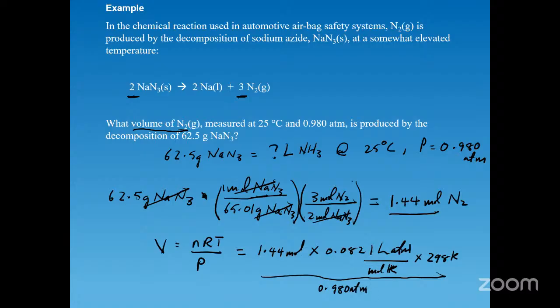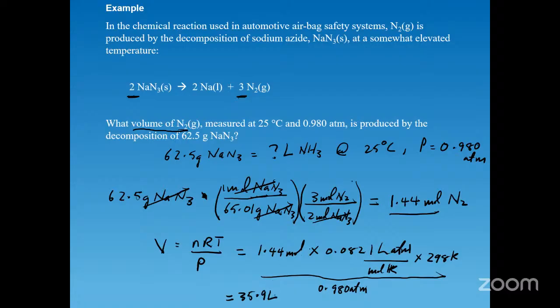Let's do the number crunching. 1.44 times 0.0821 times 298, and then divided by 0.98. According to my calculation, rounded off to 3 sig figs, I got 35.9 liters.